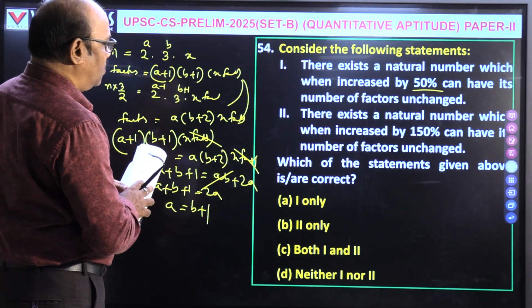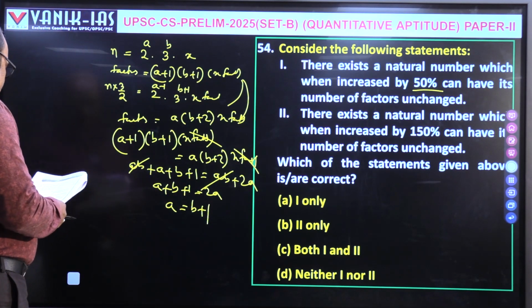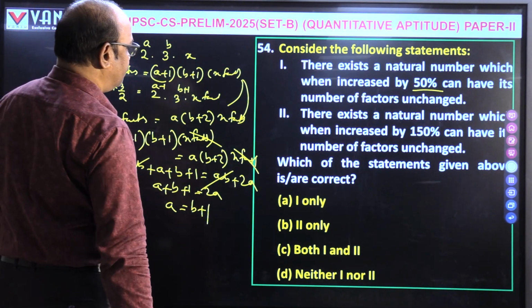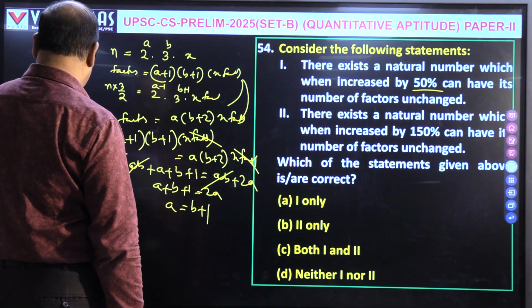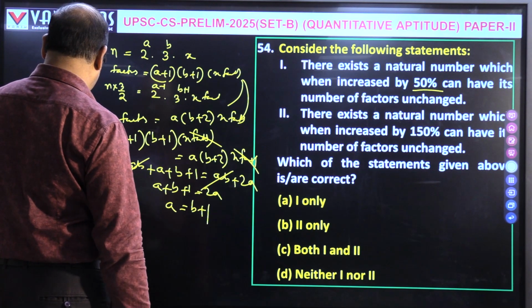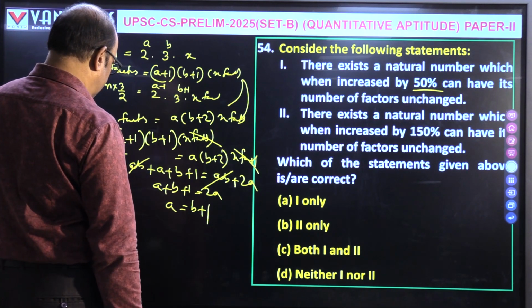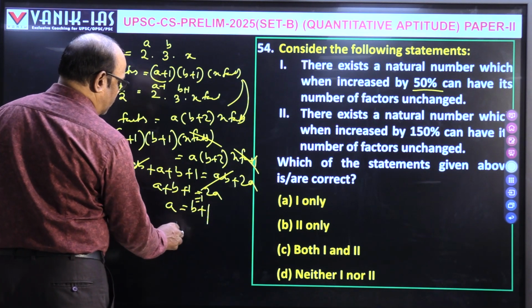So if a is b plus 1, what can it indicate? That means if b is equal to 1, then a will be 2.